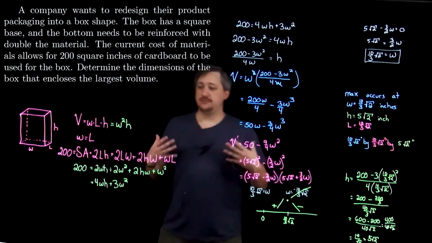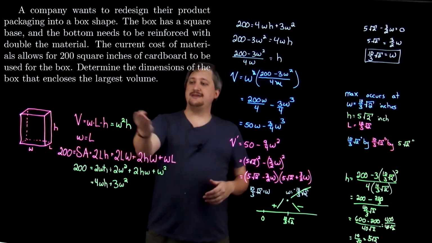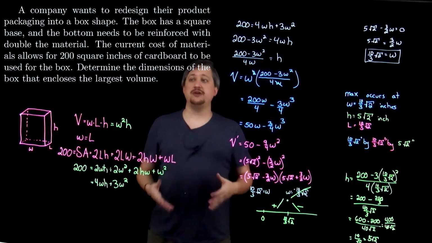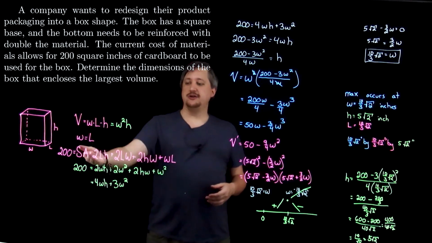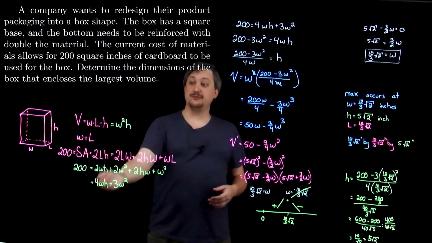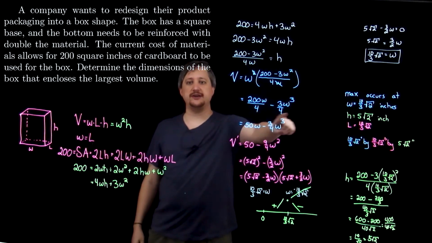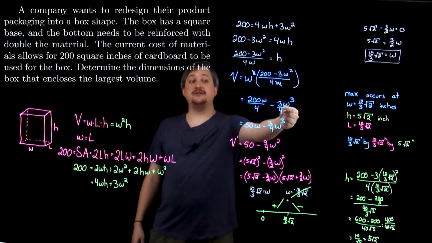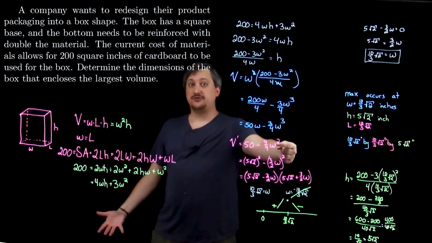Then, typically, as was the case here, you use that restriction to help get the number of variables down to one variable in your optimizing function. So here we had W and H, so we had to manipulate this to get rid of H so that I had just something in terms of W, which is what I did. But then I can use calculus, right? Take the derivative of this thing and then find the max or min, right?